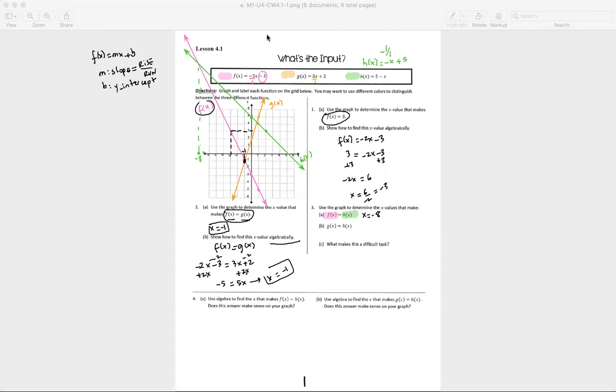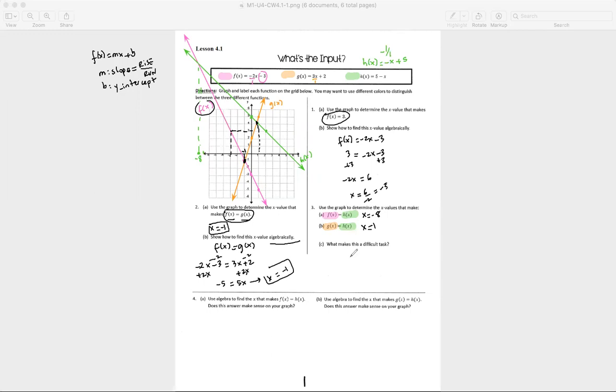Now, when does g of x equal h of x? When does g of x, which is the graph in orange, meet the graph of h of x, which is in green? Where do these two meet? It is basically at this point right here. And I'm going to think that it's x equals 1. I'm assuming. Now, what makes this a difficult task?